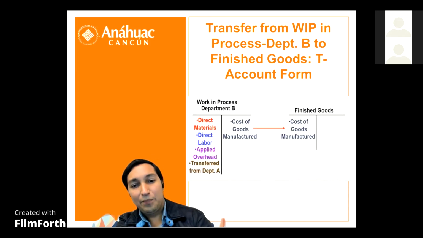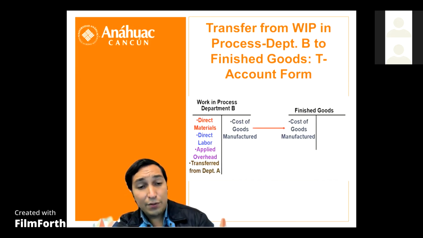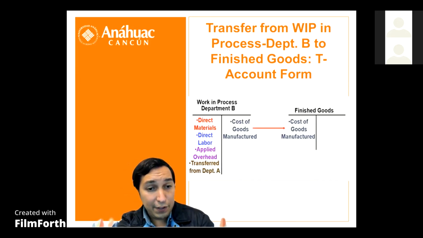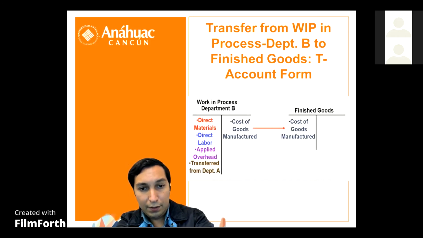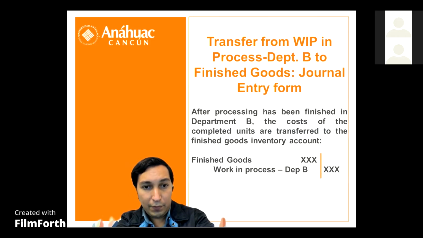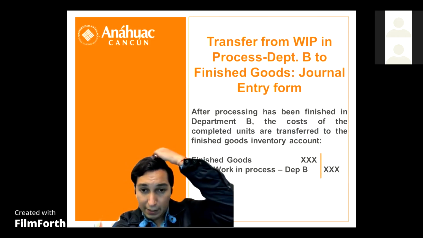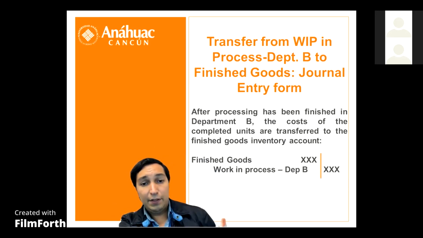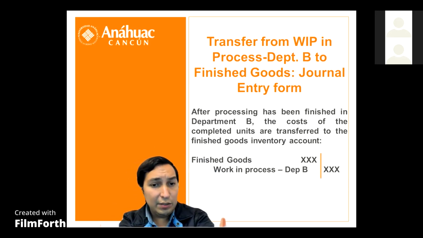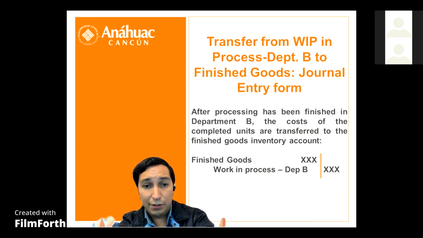Again, that's not an account title, that's a description of what's happening. So we're debiting finished goods, and it goes up, and we're crediting Department B, which is going down. Here's the same thing in journal entry form. After processing has been finished in Department B, the cost of completed units is then transferred to finished goods inventory.